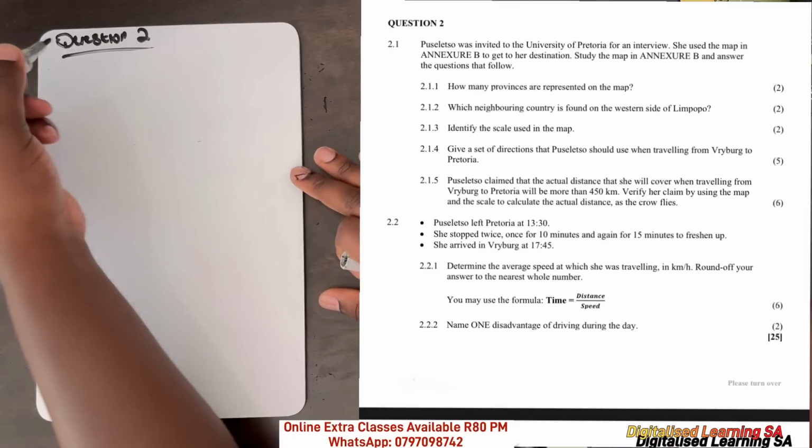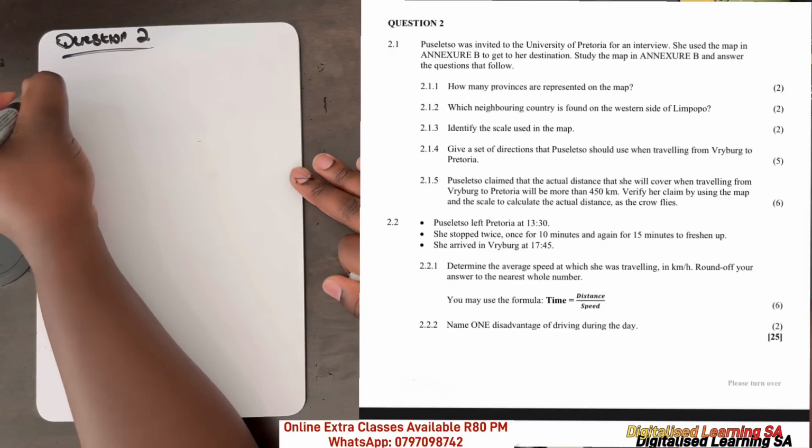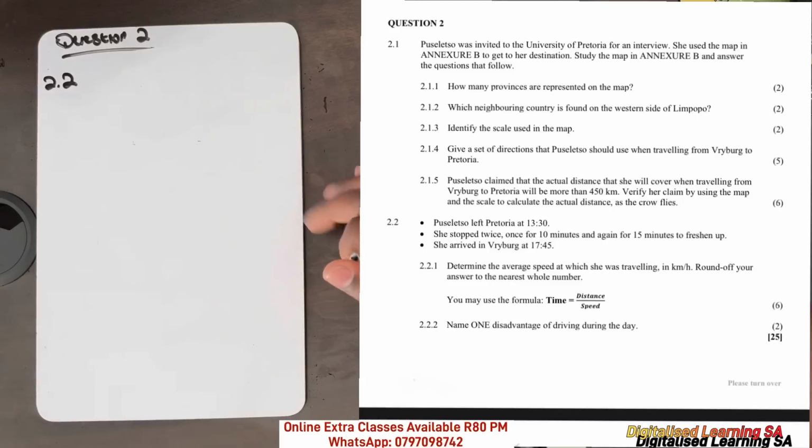Now let's move to question 2.2. It says that Puseletso left Pretoria at 1:30 in the afternoon, and she stopped twice, once for 10 minutes and again for 15 minutes to freshen up, and then she arrived in Vryburg at 15 minutes to 6.